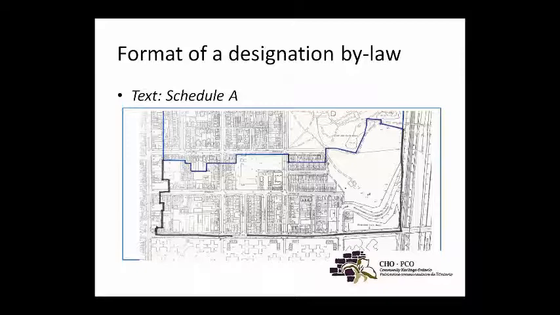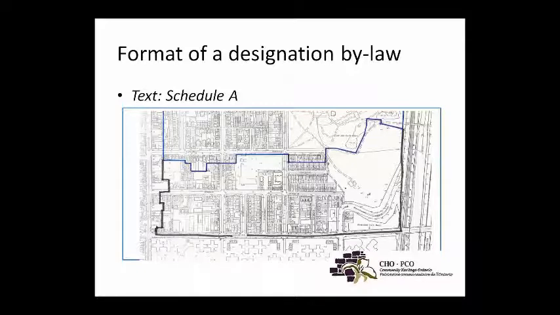The next important point is to ensure that new development fits in to the heritage character of that area. As mentioned, an HCD can include non-heritage properties, and it provides guidelines and a plan for new development within that area.